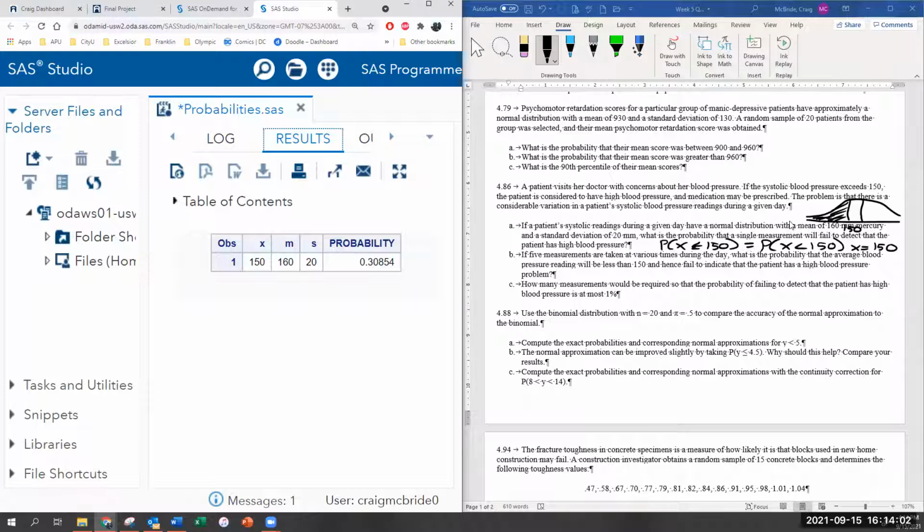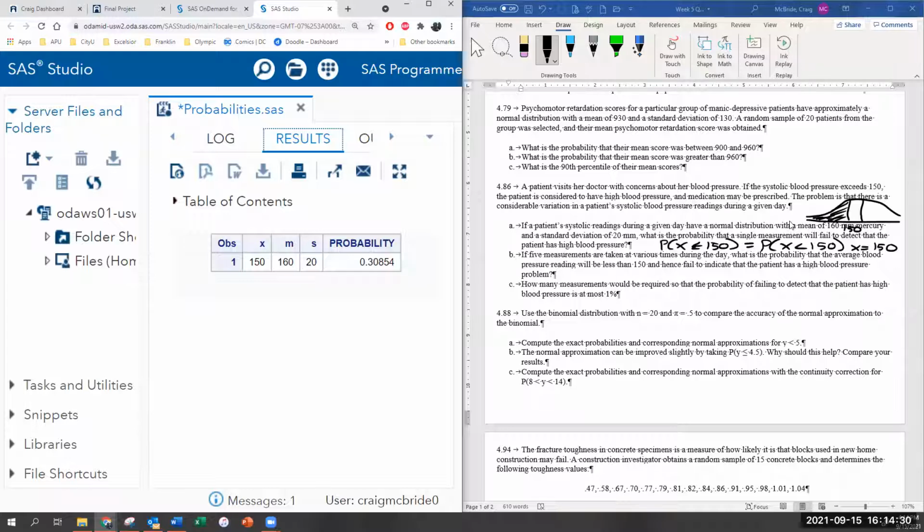But if we only tested it once during the day, there's a 31% chance of getting a reading less than 150, and thus us going, oh, your blood pressure is fine, even though in reality, they have high blood pressure. Now, not extremely high, it's only 160 instead of 150, but still, the whole point of this question is twofold. One, so you learn a little bit about stats and how to figure these things out.